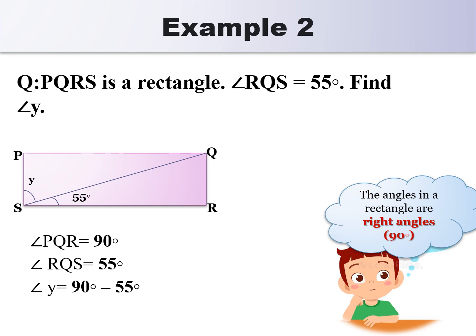Angle RQS is equal to 55 degrees. So angle Y would be 90 degrees minus 55 degrees. If we subtract 55 from 90, we get 35. In this way, we can say that angle Y is equal to 35 degrees.